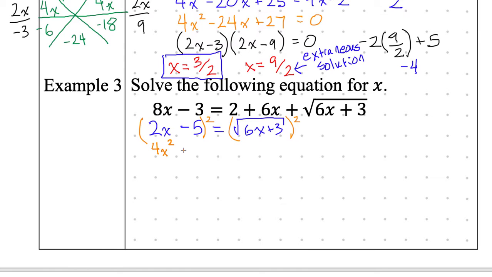Then I have to double that. Negative 20x. And then finally, 25. Nice. And what's on the right-hand side of the equation? There it is, 6x plus 3. Nice. All right, Chris, what am I doing from here?